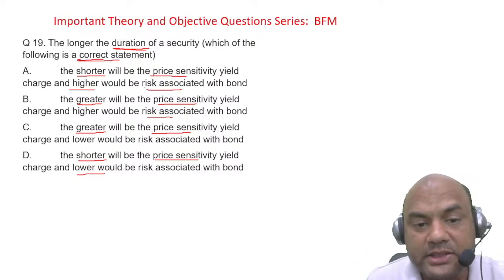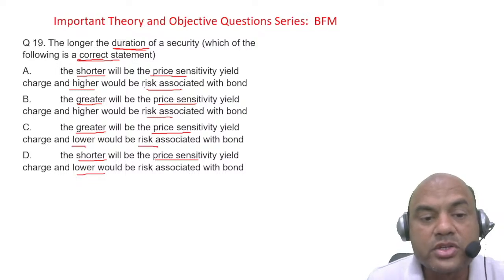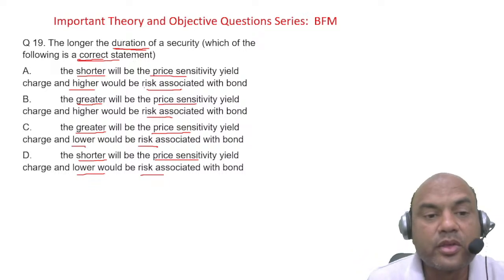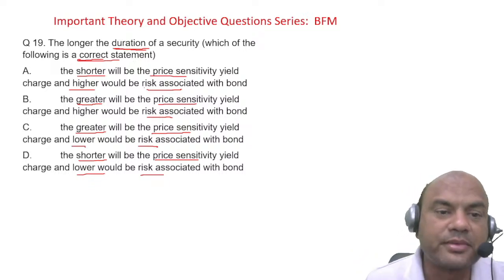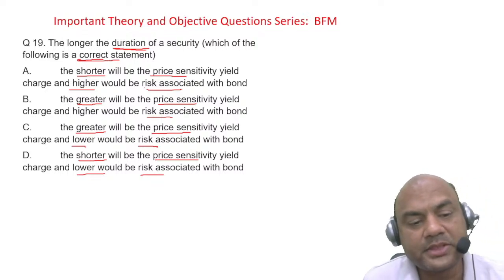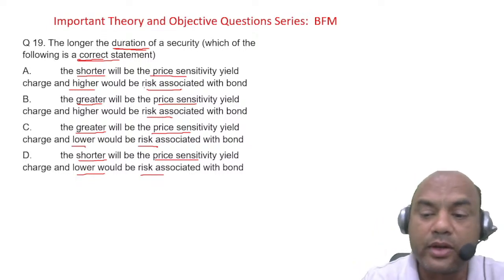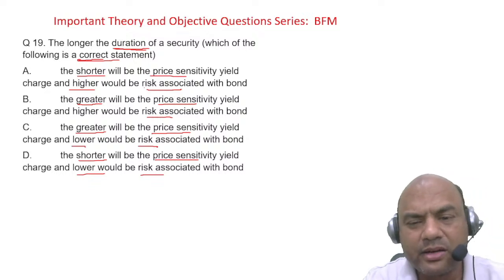Greater is the price sensitivity and lower is the risk. Shorter is the price sensitivity and lower is the risk. So what should be the correct answer? Shall I give you the answer? Let me see in the comment section. Very difficult one. This is a bit of a difficult question, a bit mind tickling, you can call it.